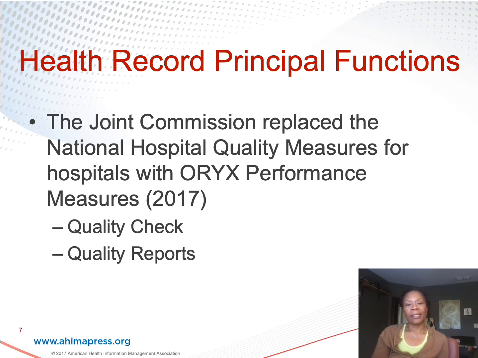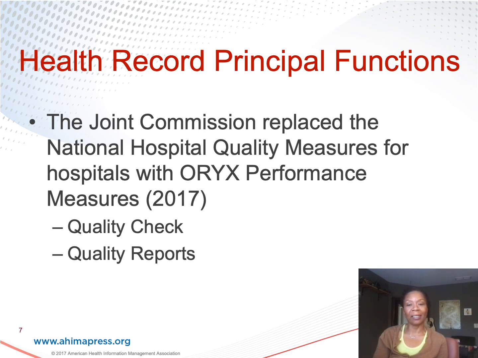Now, in 2017, the Joint Commission replaced the National Hospital Quality Measures for hospitals with the 2017 ORYX performance measures. The Joint Commission uses quality checks and quality reports to differentiate healthcare organizations that achieve safety and quality goals. The purpose of the quality check is to list the Joint Commission's accredited status.